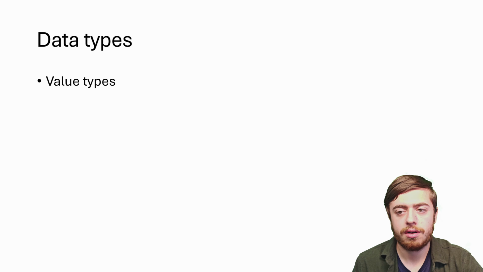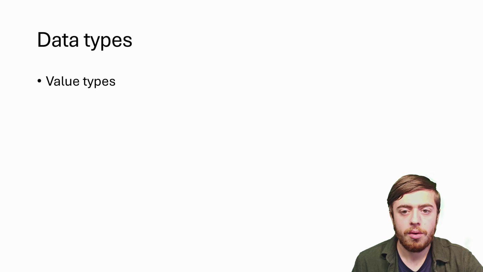In Vala, there are two data types, the value types and the reference types. The value types are simple data types like bool, char, int, float, etc. With the value types, each identifier refers to a unique copy of the data.